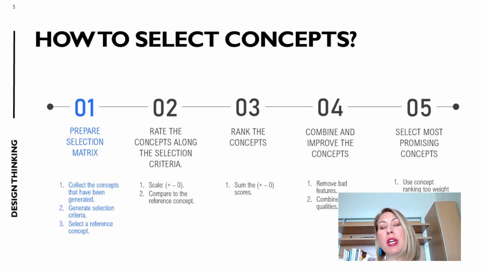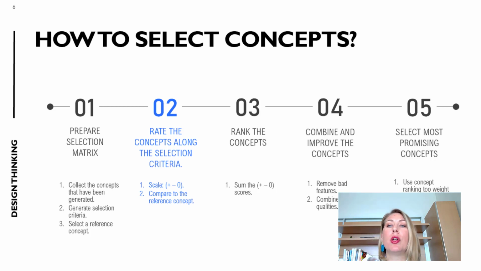And so we have to make a new concept that is at least marginally better than this reference concept. Otherwise, we'll have offered no improvement, right? Okay, then we're going to rate our concepts along the selection criteria. At this stage, we're asking, how well does concept A satisfy our criteria?